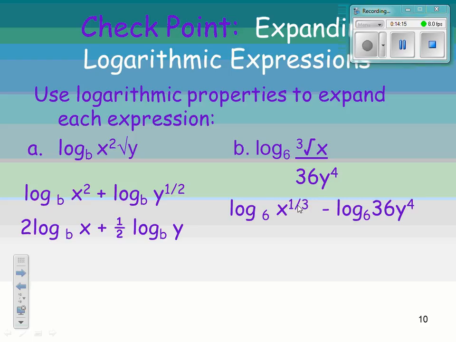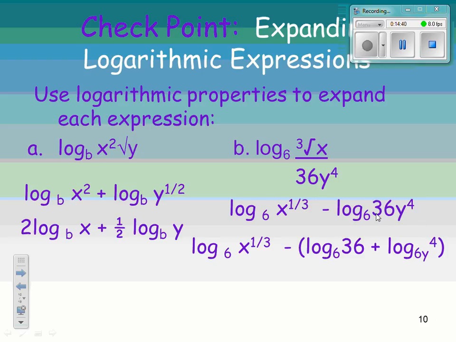Now, I can't leave these exponents in here. We wouldn't be finished. So I got to grab these exponents. I grab that 1/3, swing it down to the front. So it's going to be 1/3 log, oh goodness, I'm sorry. I didn't even notice that we had to expand this over here.